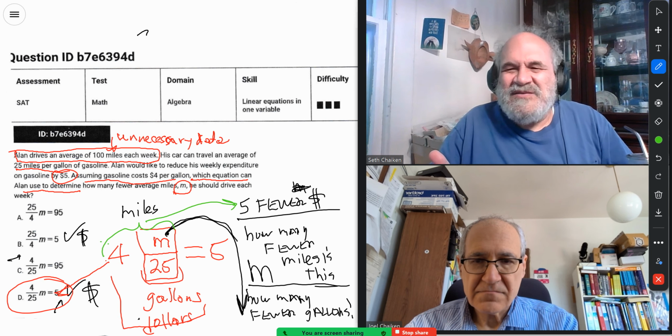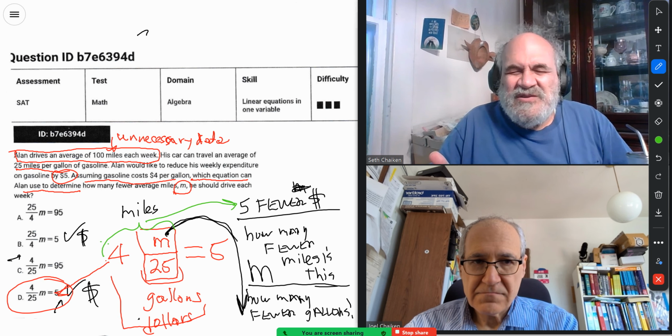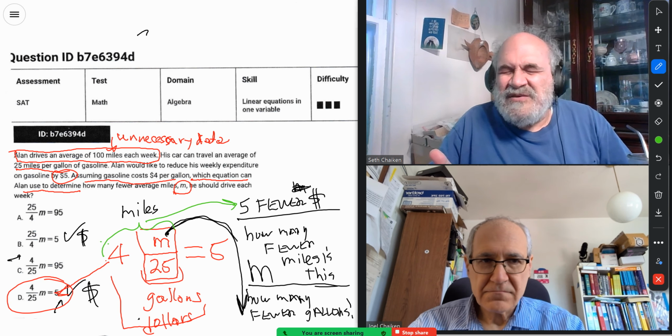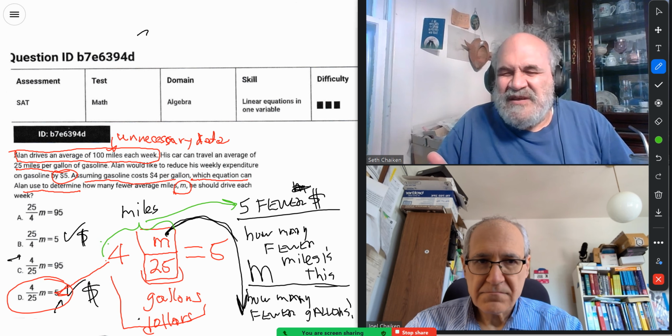How many gallons does he have to save? So you convert the dollars into gallons of gasoline using the price of the gasoline. The price is $4 per gallon, so you divide 5 by 4. He needs to save that many gallons.